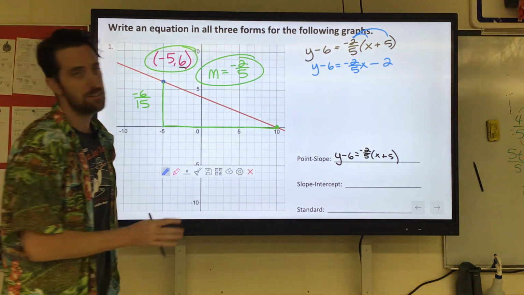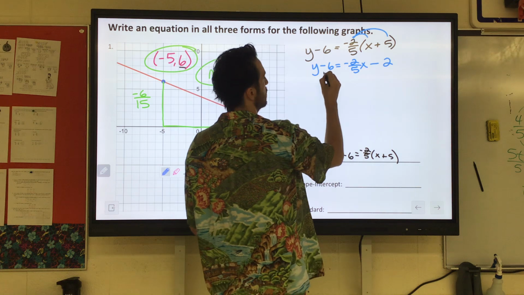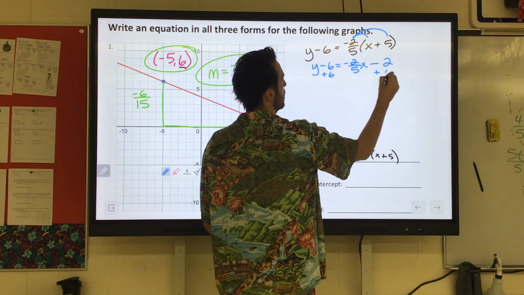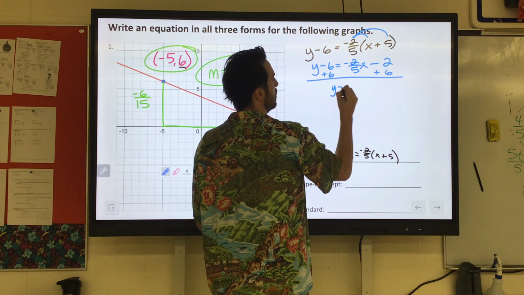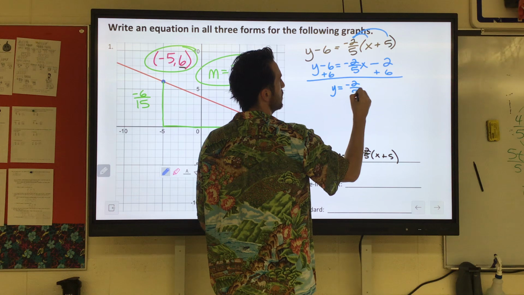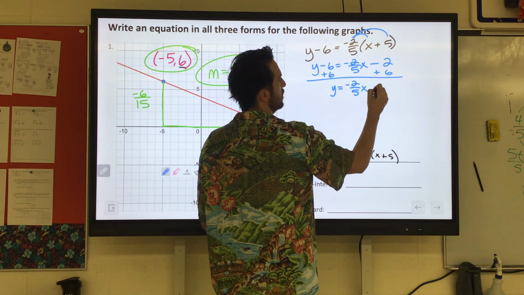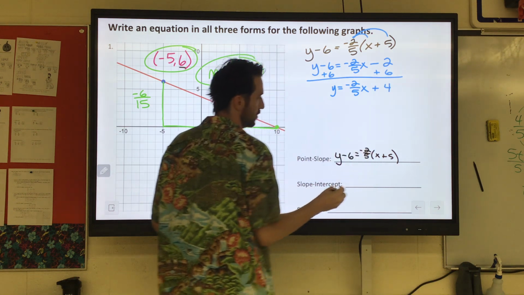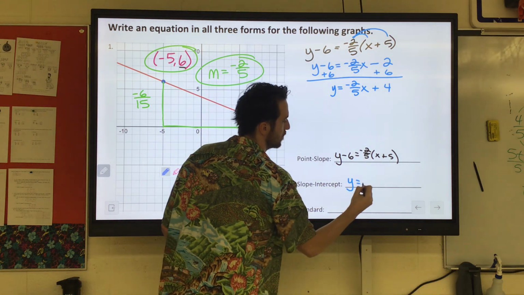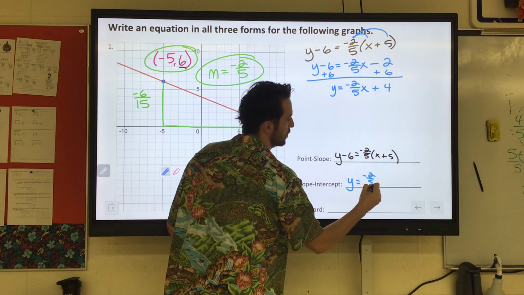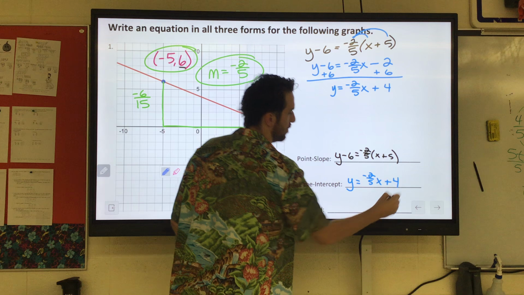We need y by itself, so we'll get rid of the minus 6 by adding 6. y equals negative 2/5 x. Negative 2 plus 6 is positive 4. There it is in slope-intercept form. y equals negative 2/5 x plus 4.